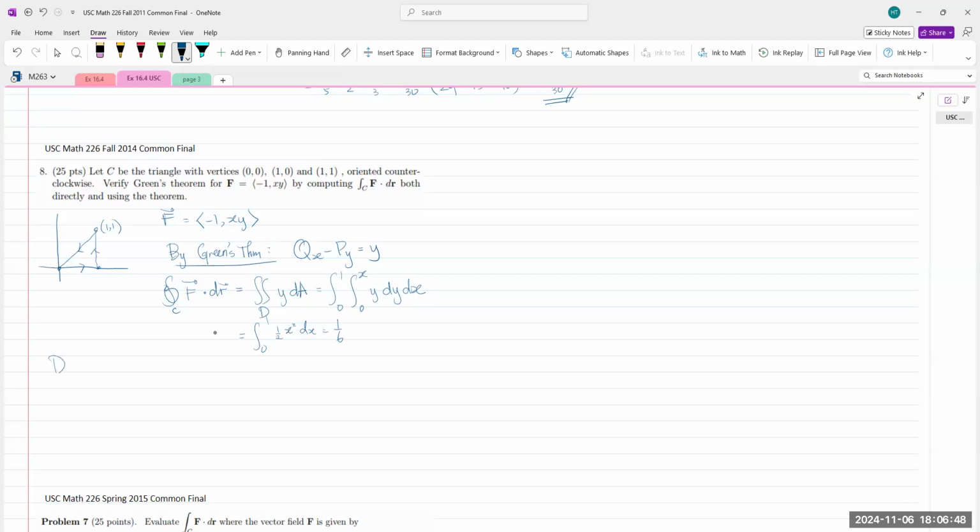Directly, I need to do 3 paths. So suppose C is gamma 1 union gamma 2 union gamma 3.